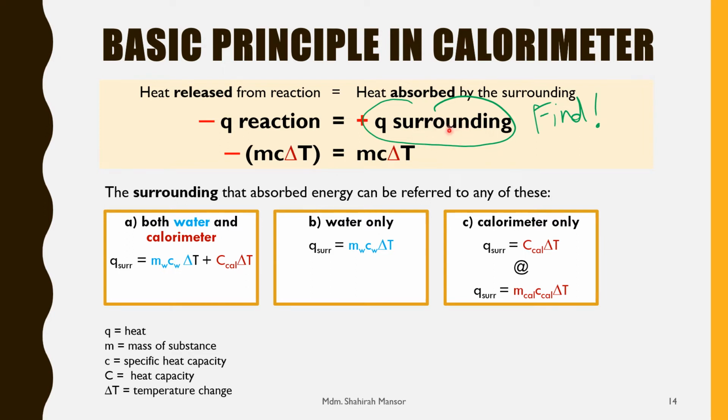Okay, so to calculate the Q surrounding ataupun heat absorbed by the surrounding ini, kita boleh gunakan this either three formulas. Okay, so the surrounding that absorb energy can be referred to any of this. Sekiranya surrounding itu adalah both water and calorimeter, so maka the formula of the Q surrounding di sini will be m_w c_w times delta T plus capital C delta T. Okay, di mana m_w ini adalah mass of water.